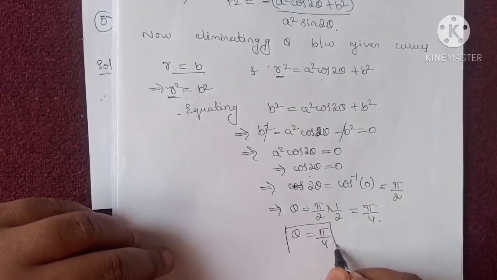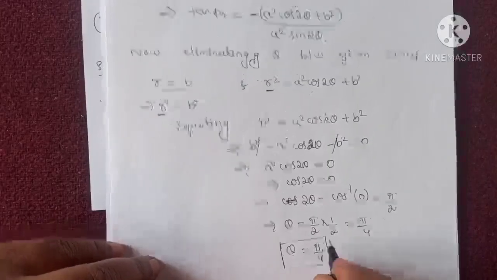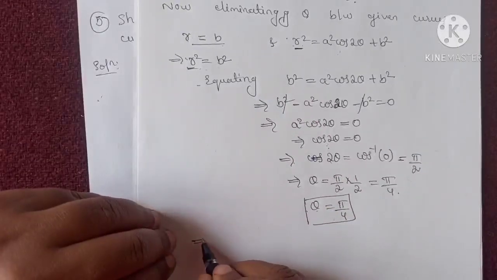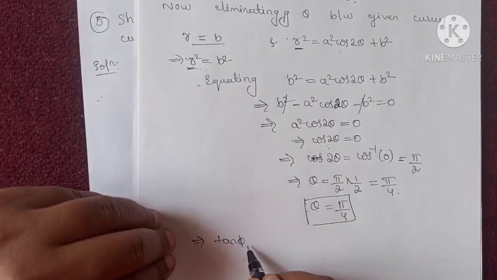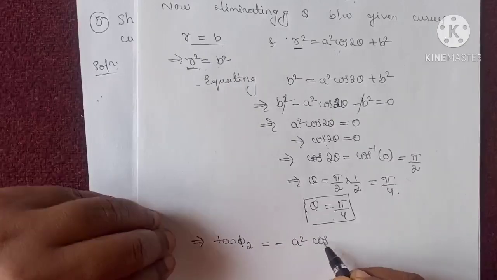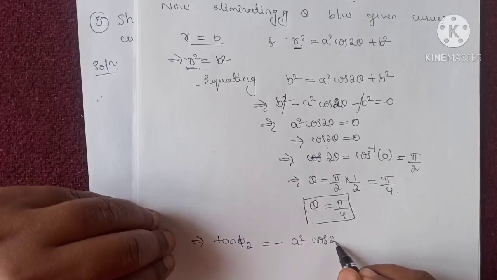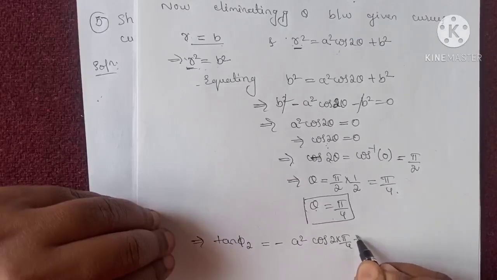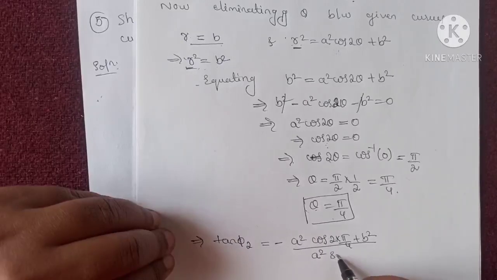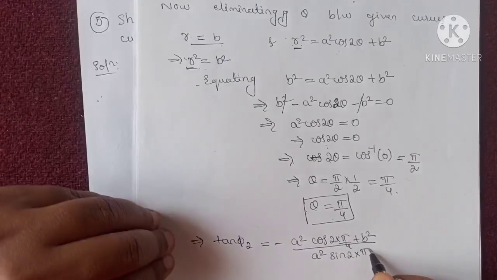Now substituting this theta equals pi by 4 into tan phi 2 value, we get tan of phi 2 equals minus a square cos 2 theta, that is cos of 2 into pi by 4, plus b square, divided by a square sin of 2 into pi by 4.